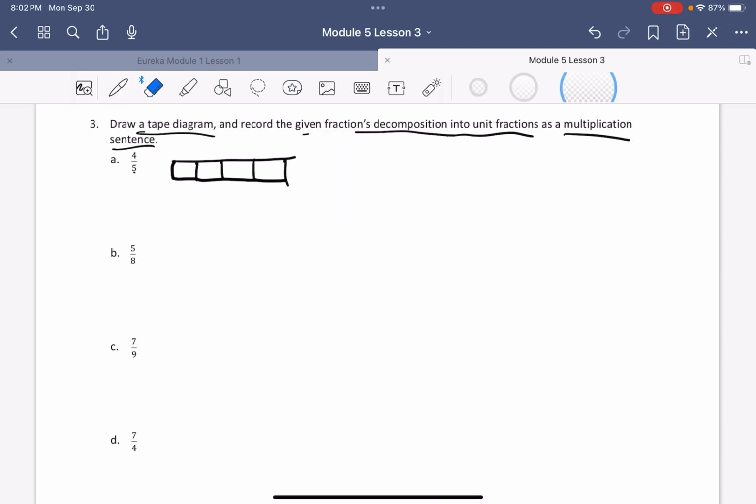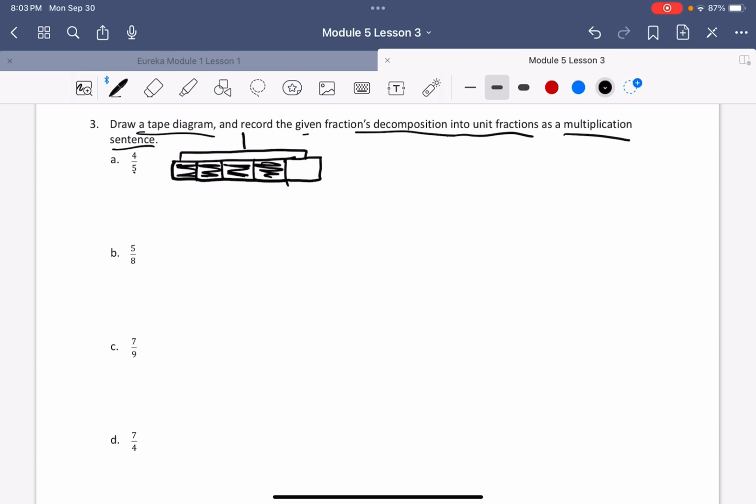And I want to make my parts equal, so I'm going to fix that right there. There we go. 5 parts. We know this whole thing is one whole. So we're going to shade in 4 of those 5 parts. And we're going to decompose.